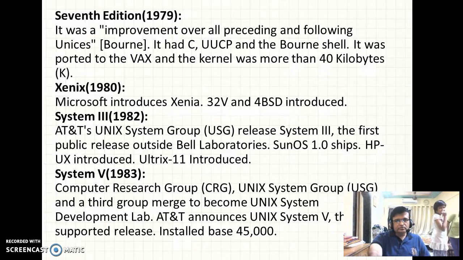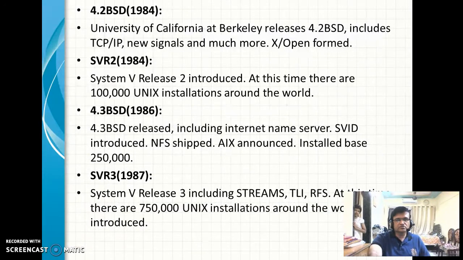Computer Research Group, Unix System Group and a third group merged together to become Unix System Development Lab, and they came out with System 5 in 1983. AT&T announces Unix System 5, the first supported release, and its installed base was 45,000 machines across the globe.